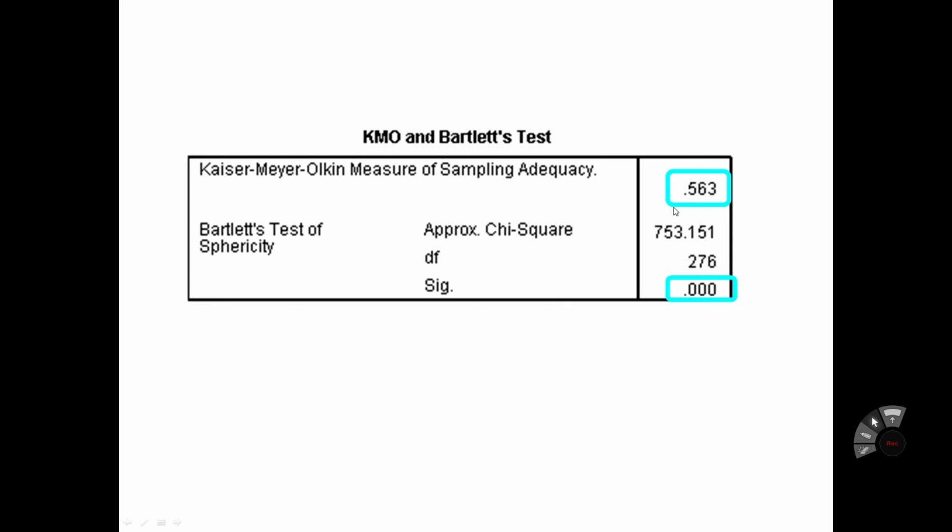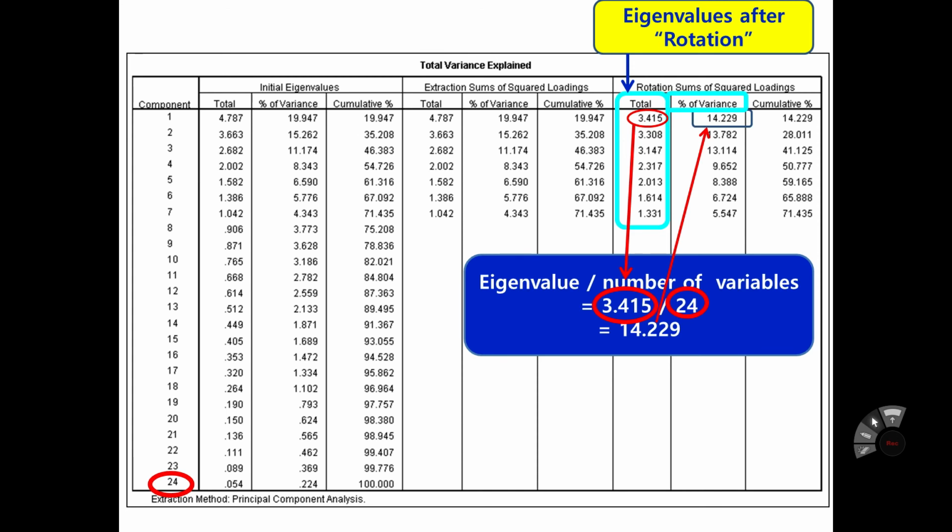You can get the KMO Bartlett. If you have higher than 0.5, then your data can be suitable for the factor analysis. Eigenvalues and percent of variance, actually this is the rotation sums of squared loadings, total, percent of variance, and communality.